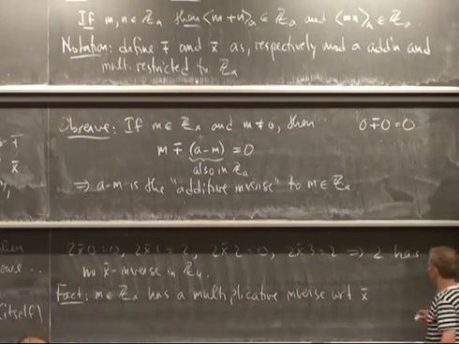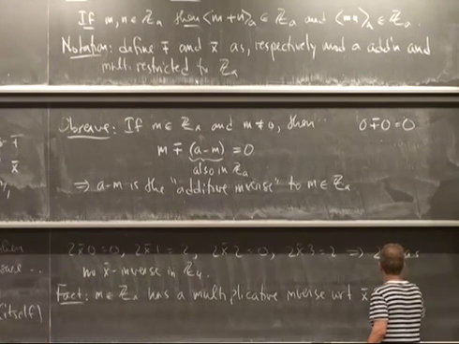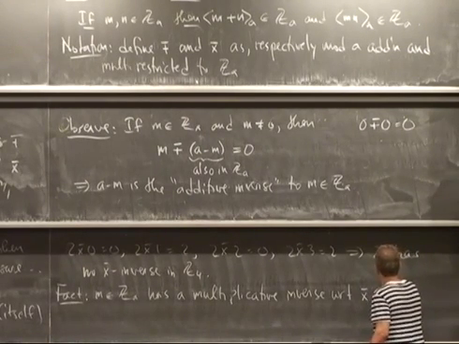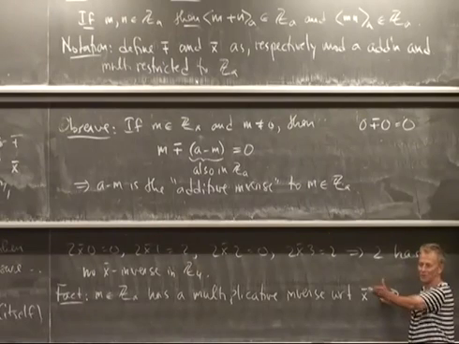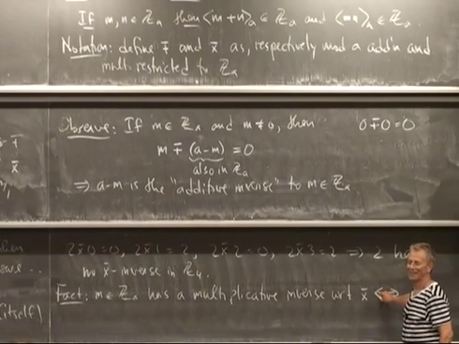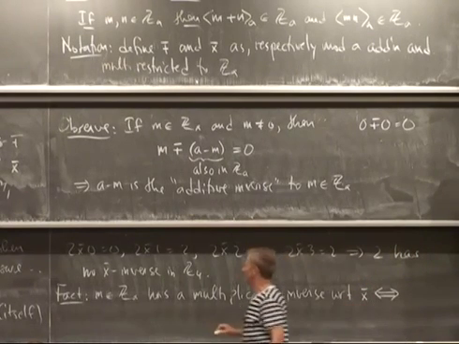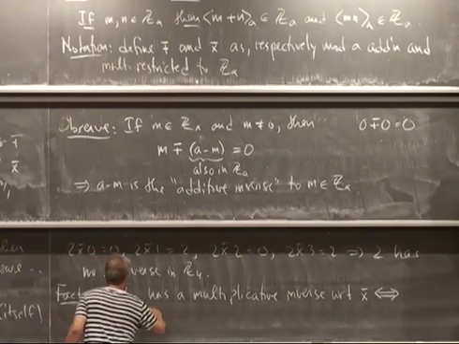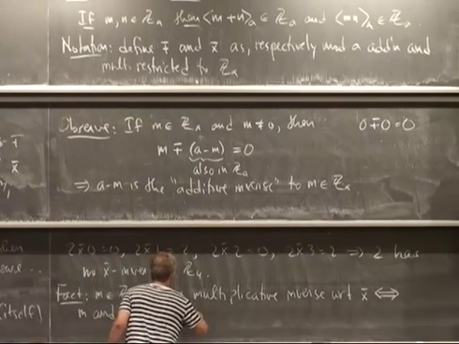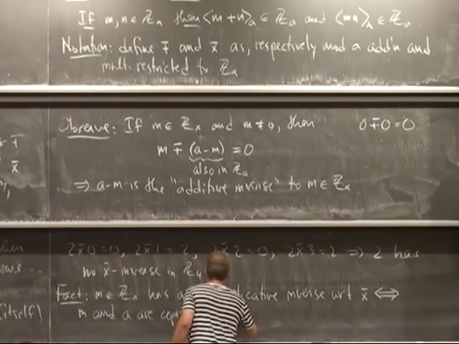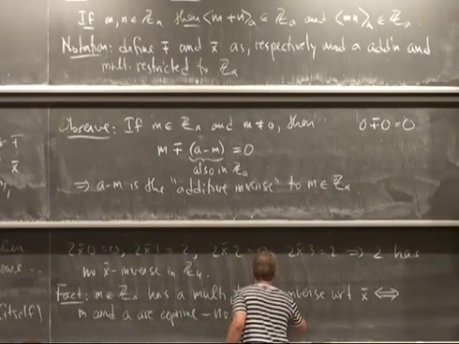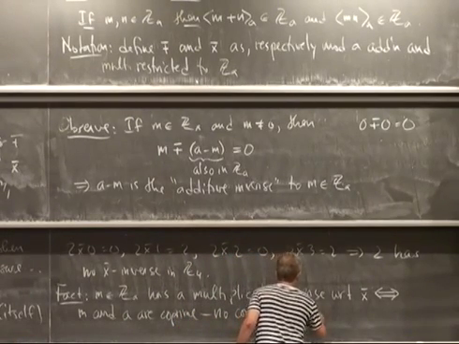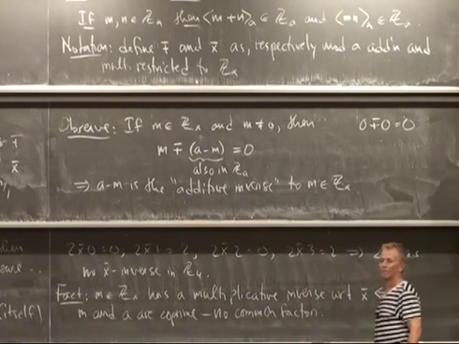M in ZA has a multiplicative inverse with respect to times-bar if and only if what is true? You were about to tell us a minute ago. Yes, M and A are co-prime. No common factors. Okay.